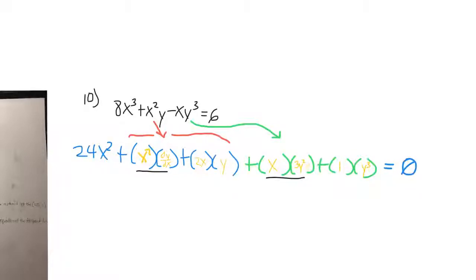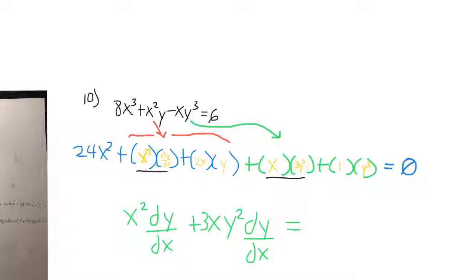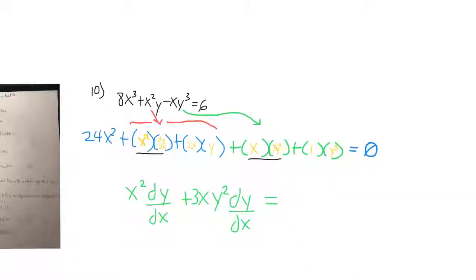So keeping what we want to keep on the left gives us this. We'll put the 3 out front. And we end up with negative 24x squared minus 2xy minus y cubed.